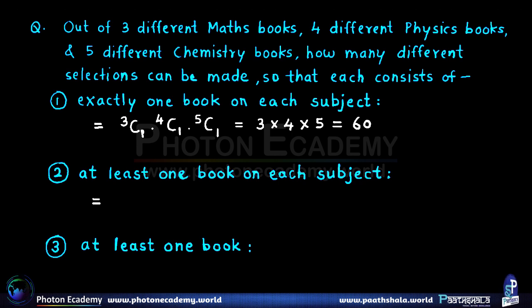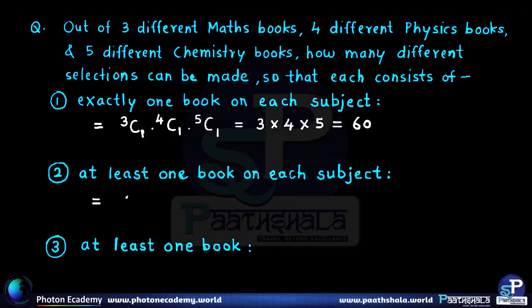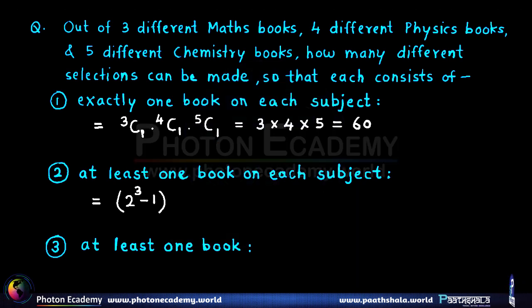So we have total 2 cube minus 1 ways to select at least one book on maths. We have to subtract 1 because if we don't subtract, then the 2 cube, that is 8 possibilities, also include the possibility where we are not selecting any maths book. So therefore we have to subtract 1.